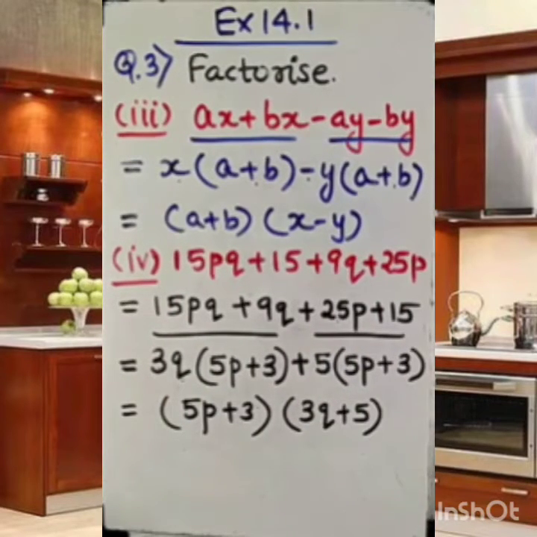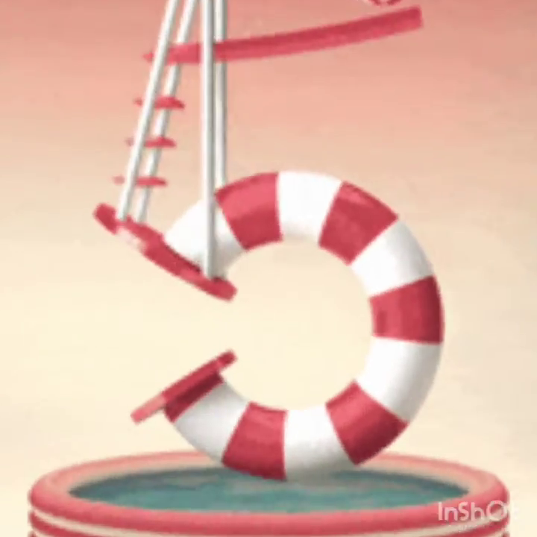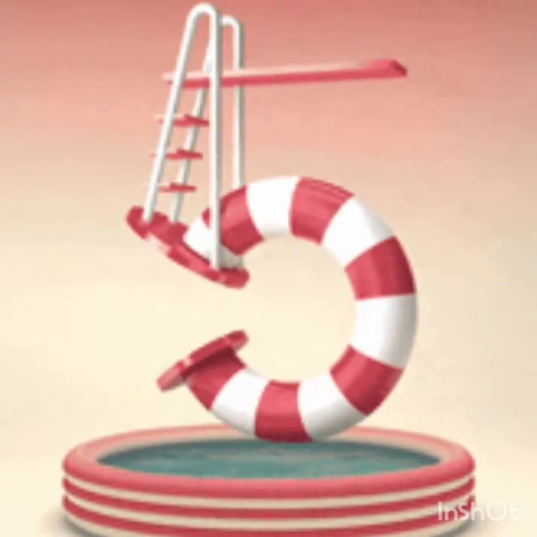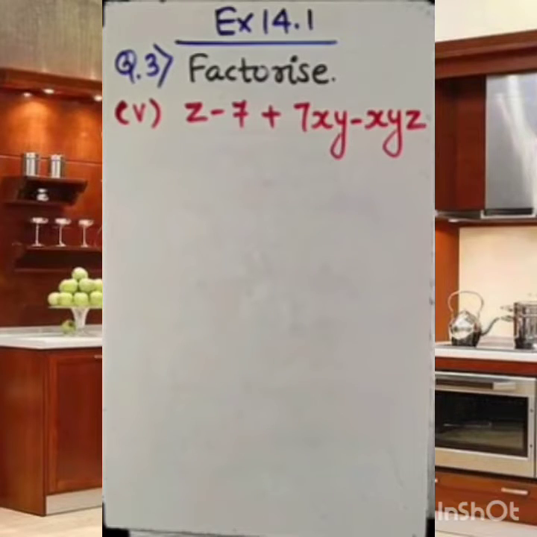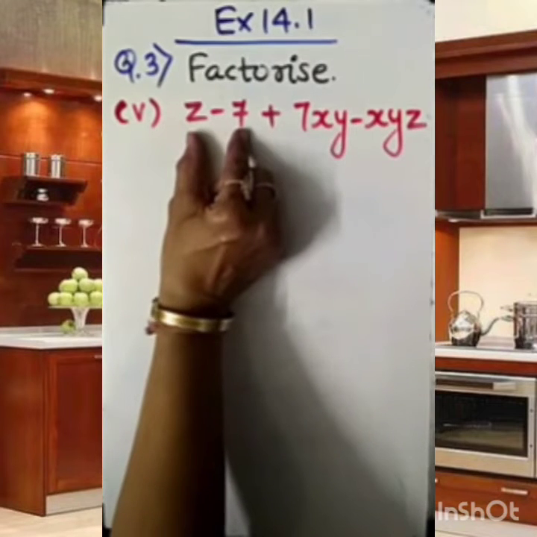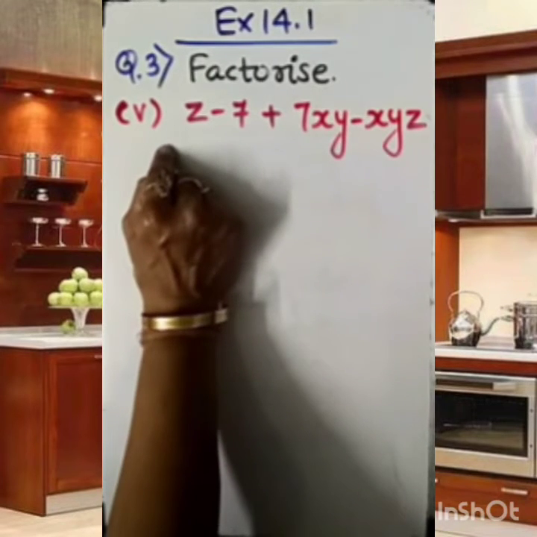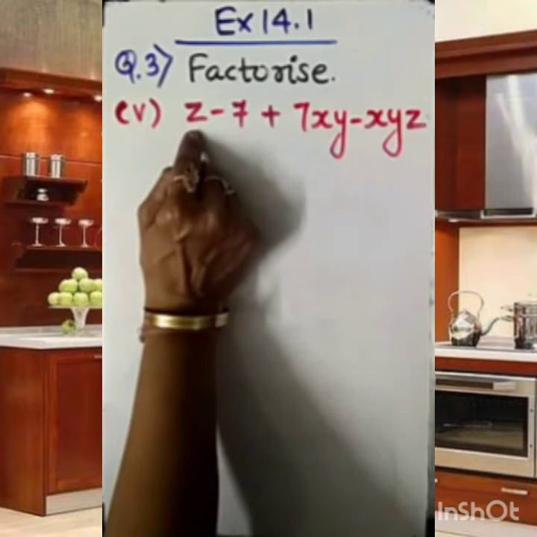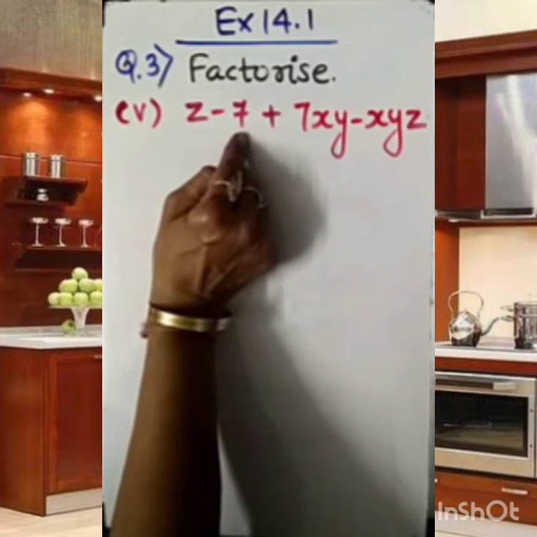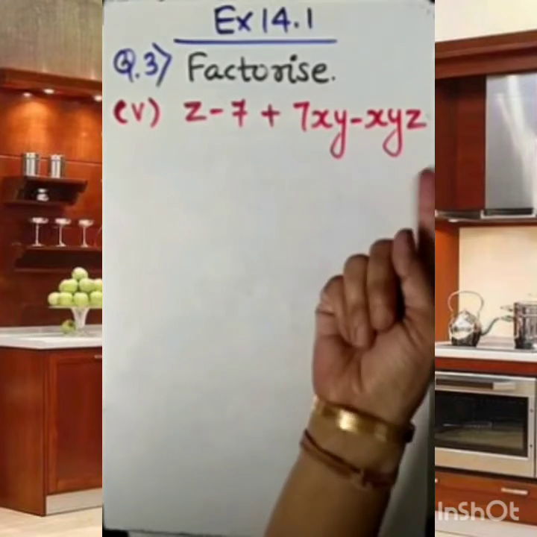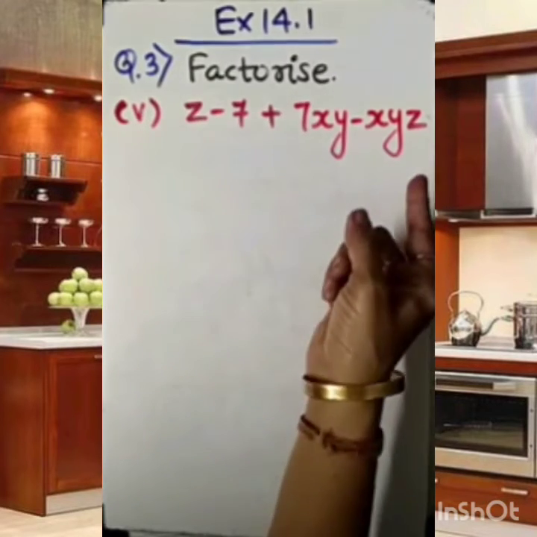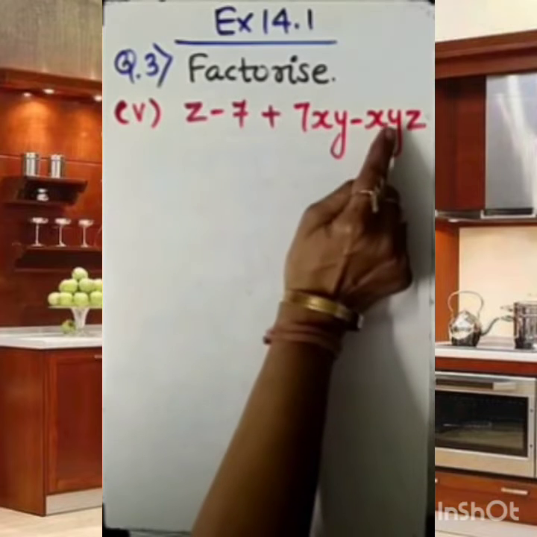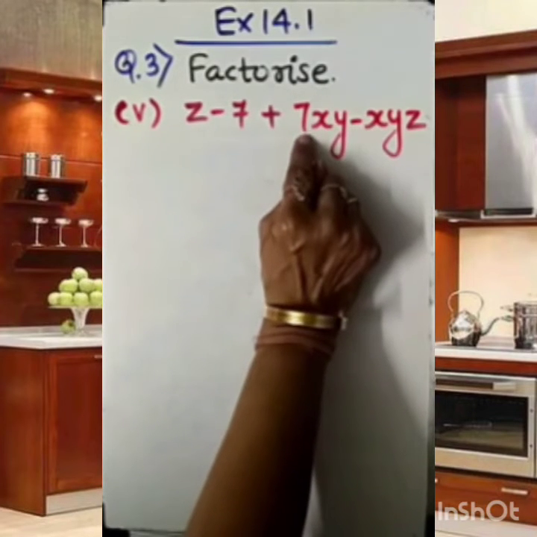Clear? The fifth one is on your screen, dear student: z minus 7 plus 7xy minus xyz. Now if we make a pair of these two, nothing is common except 1. So if we take 1, then inside the bracket z minus 7 will be left. 7 is in the last term, so if we take xy common from it, 7 comes in the first term.